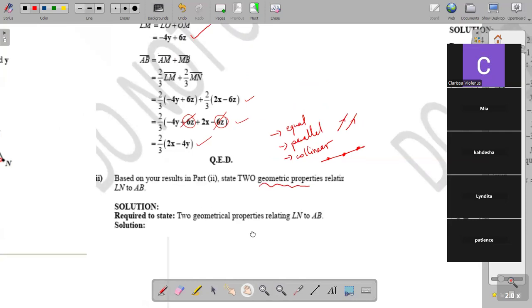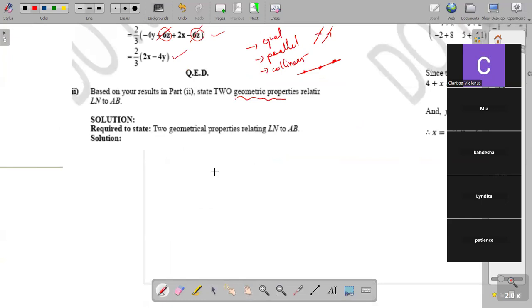So let's test if you understand what I mean. Suppose I had a line AB, and AB is P plus Q. Let's use P plus Q just so we don't get confused. And then I had another line LM, and LM was 2P plus 2Q.